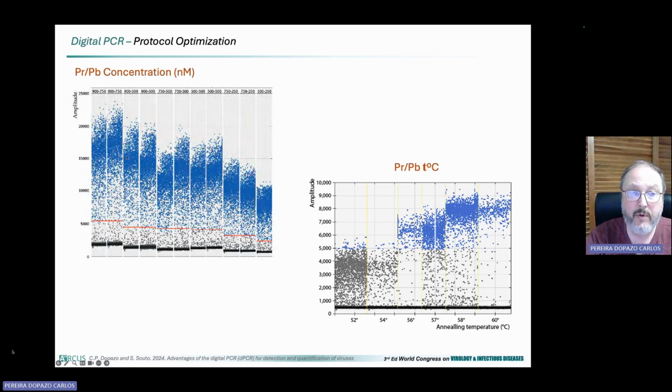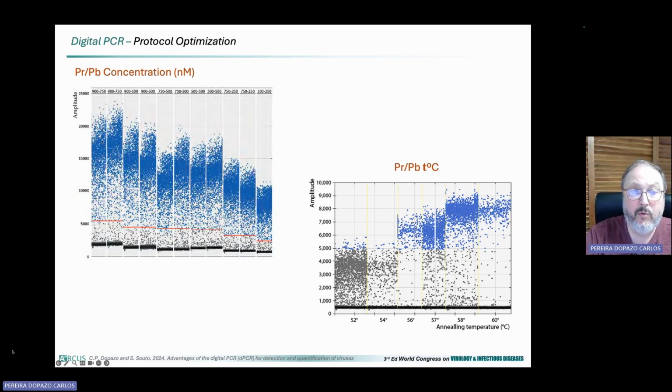Now I want to show you how to select the best conditions in concentrations and temperature in the case of digital PCR. Here is a representation of the drops in the amplification. Here we have the positive drops, and then down at the bottom we have the negative drops.